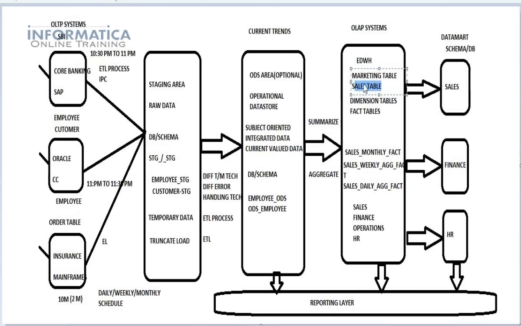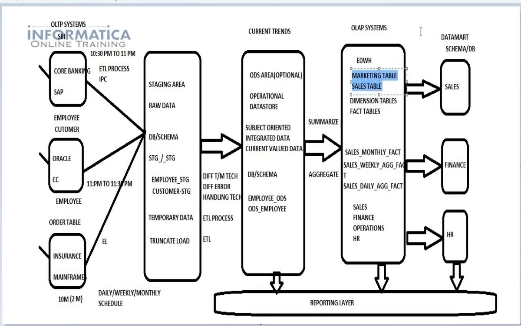So if my business user is interested in data which is a combination of both tables, I'm going to integrate the data from both tables into a single table, which is nothing but a data mart.